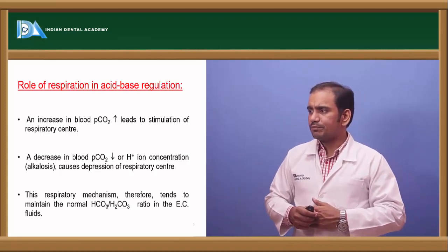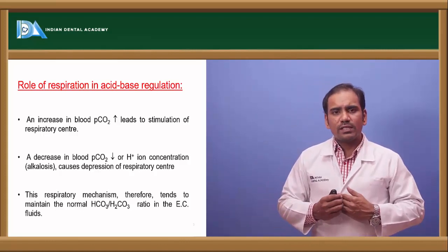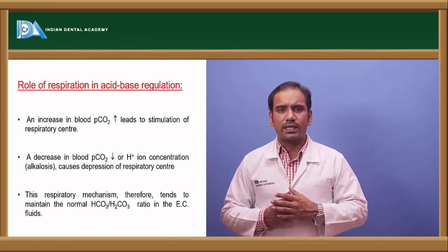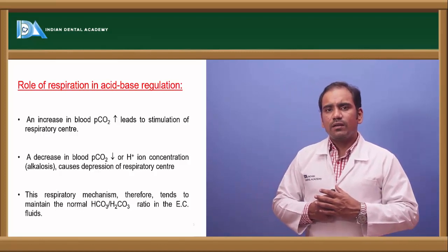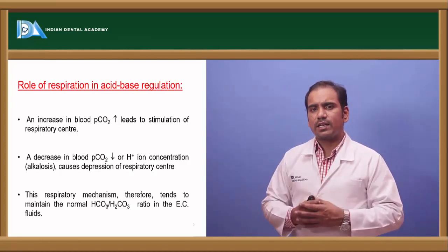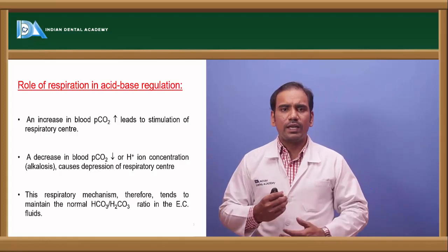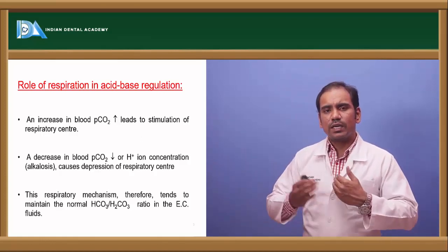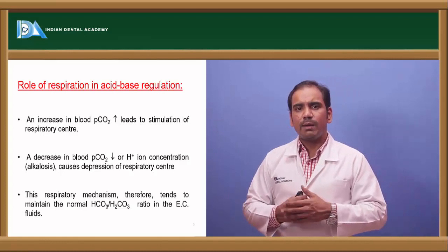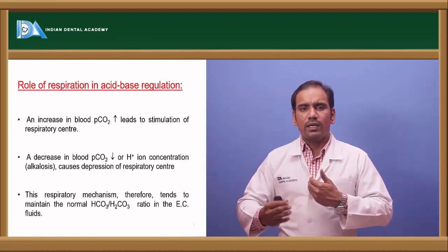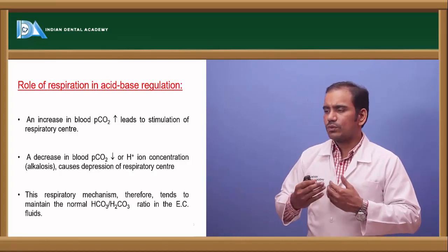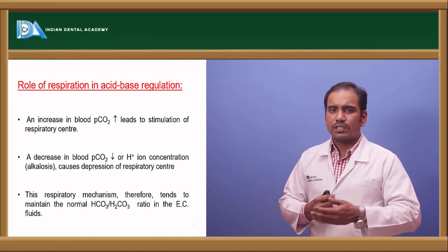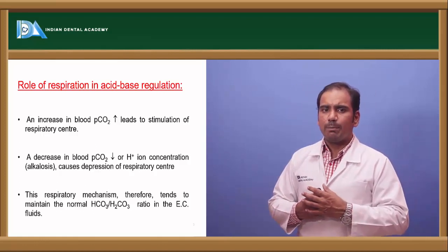Whenever there is an increase in the PCO2, partial pressure of carbon dioxide, the body tries to eliminate that excess carbon dioxide, so that leads to an increased rate of respiration. Respiratory centers are stimulated, so hyperventilation occurs, and it leads to the removal of carbon dioxide from the body, right? So elimination of carbon dioxide occurs by hyperventilation.